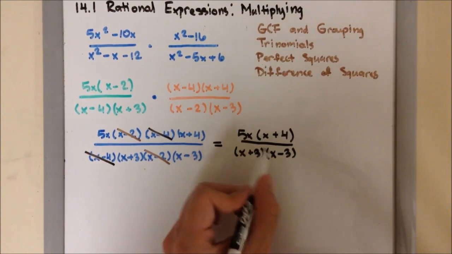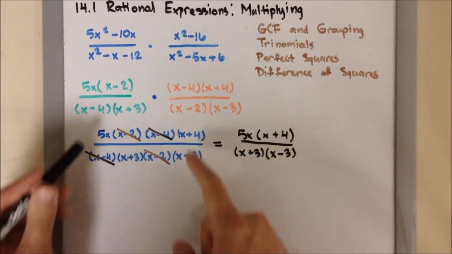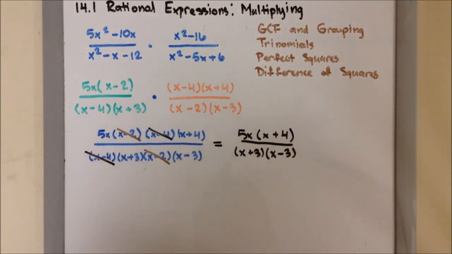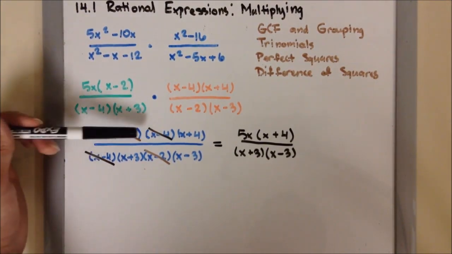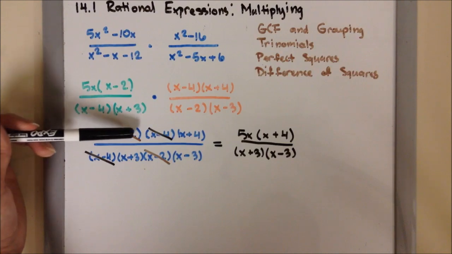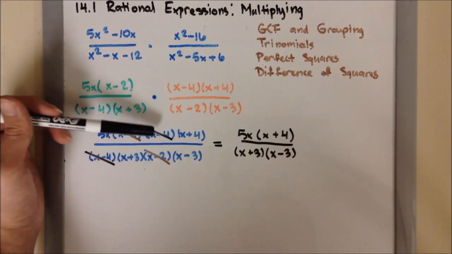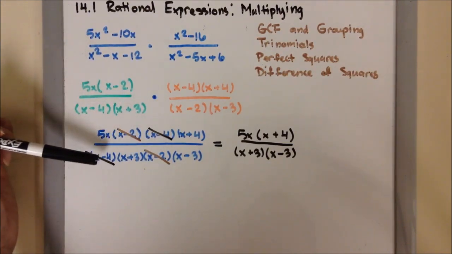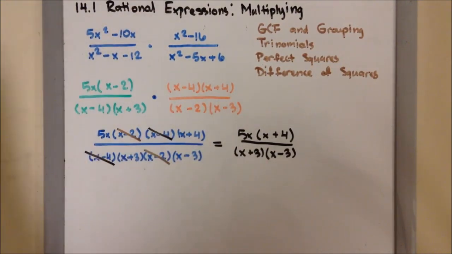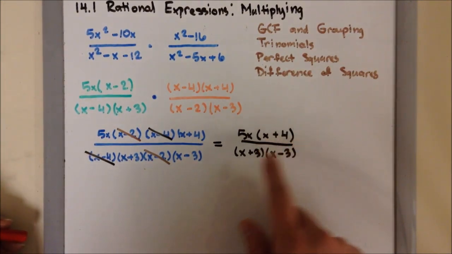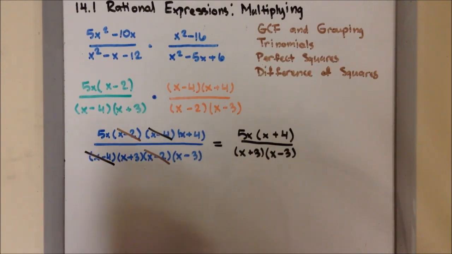Basically, I just rewrote the terms that I did not cross out. Again, I divided the common factors and they became 1. x minus 2 divided by x minus 2 became 1. x minus 4 divided by x minus 4 became 1. Anything that I did not cross out will end up in my final answer. So my final answer is 5x times x plus 4 over x plus 3 times x minus 3.